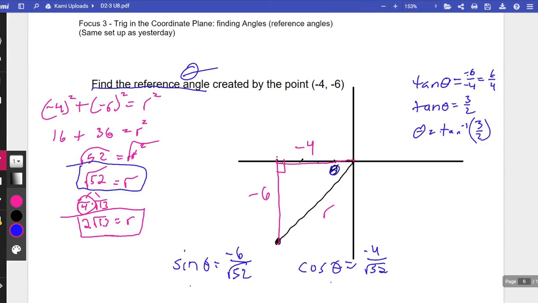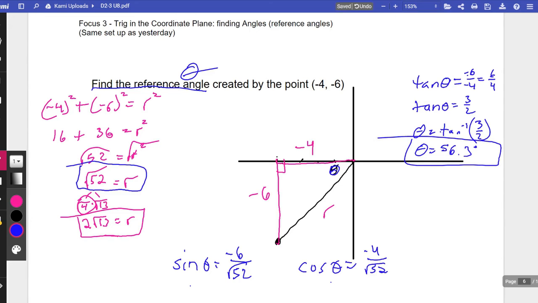And we would get the same degree measurement because they're finding the same angle. It's all theta. So in the end, I have theta being equal to 56.3 degrees. And that's your answer.